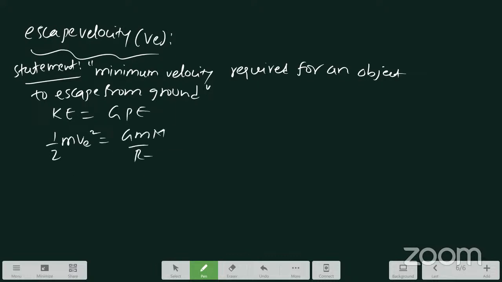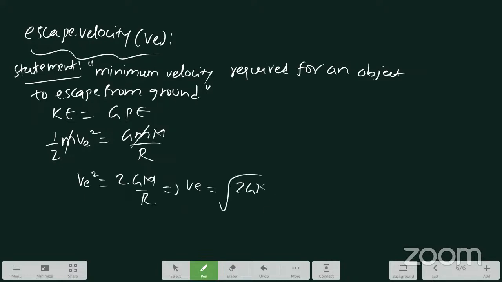Gravitational potential energy is GMm by r. M cancel. V square equals 2GM by r. V equals under root of 2GM by r. You know very well that GM by R equals gR. Substitute here.